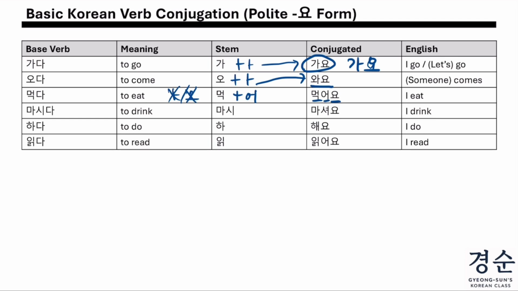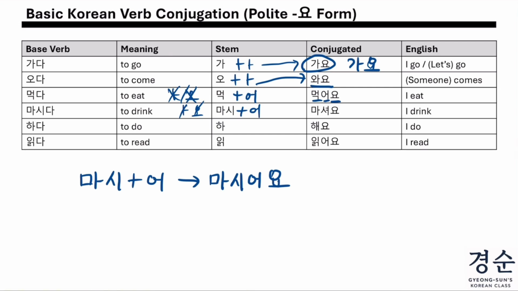먹어요. Okay, and to drink, 마시다. Okay, 마시다. So you can see here, it's i. It's not a, it's not o, right? So we add, what do we add? We add o, right? So 마시, we add o, so basically it should become 마시어요, right?